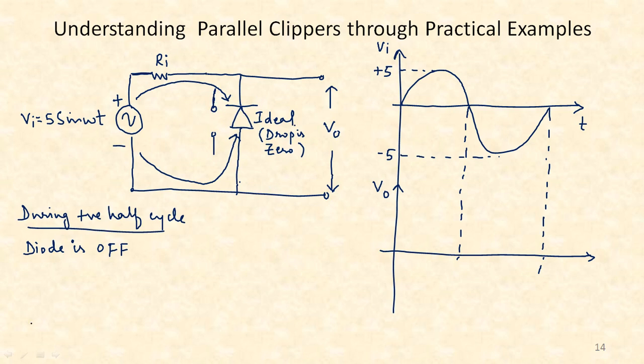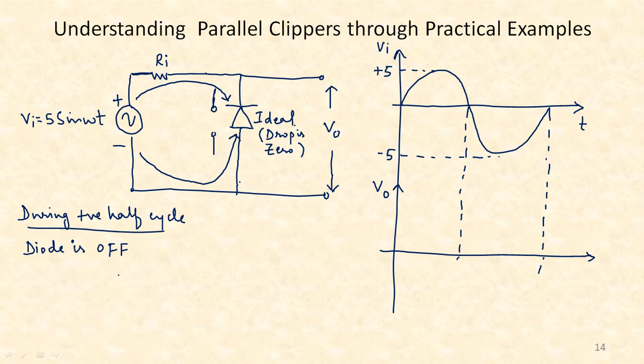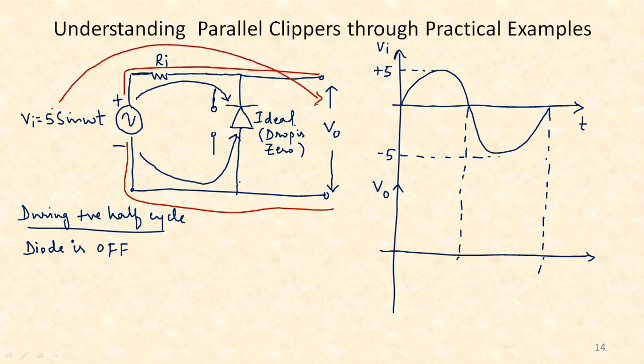What you are left with in your entire circuit is only this path, which stays because the diode is off. So the entire input signal appears across the output.